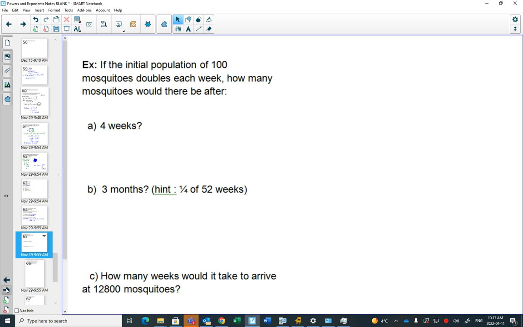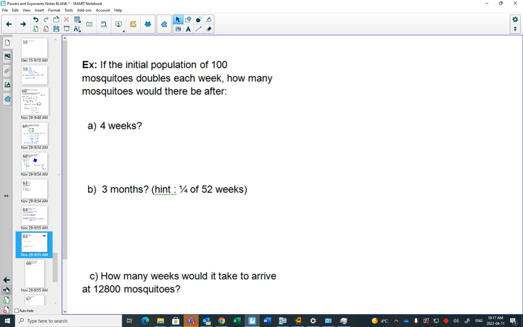And you need your units. Our units this time is mosquitoes. I get this one more than I get the bacteria. Bacteria one just doesn't make sense. What would the formula be for mosquitoes?